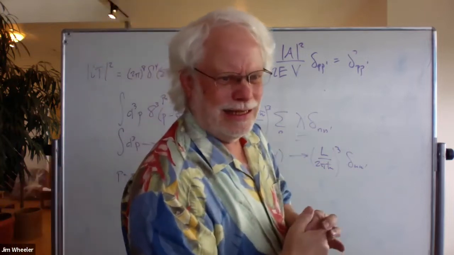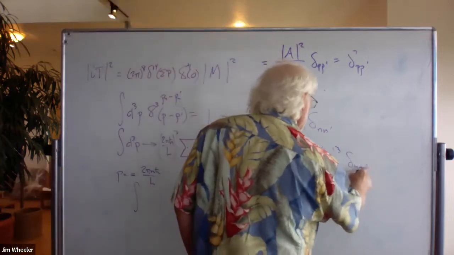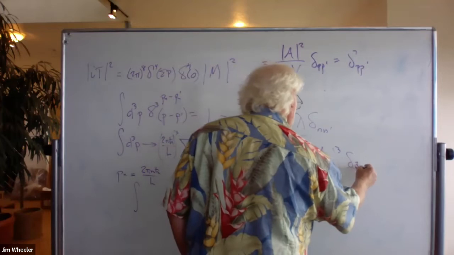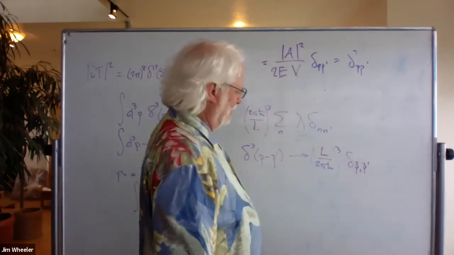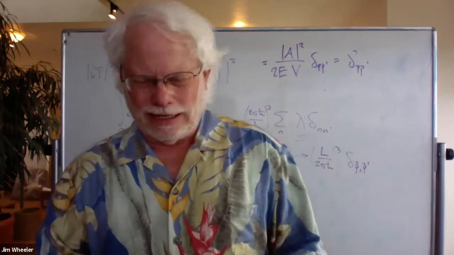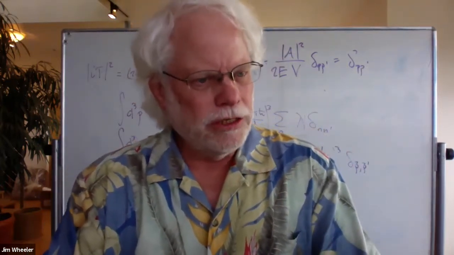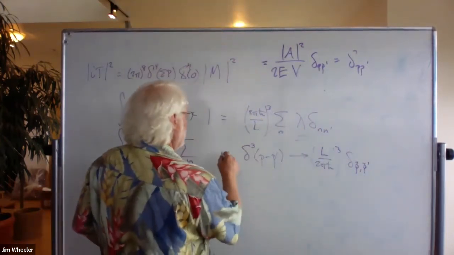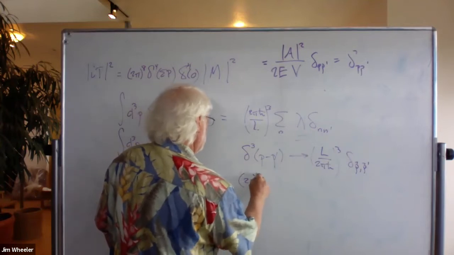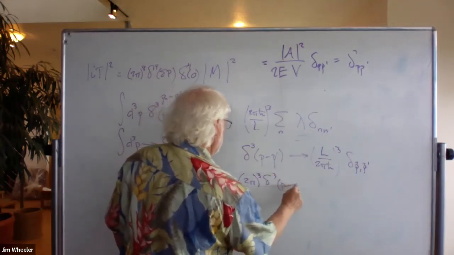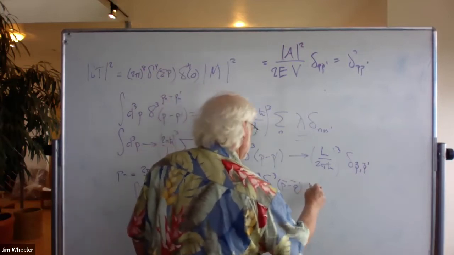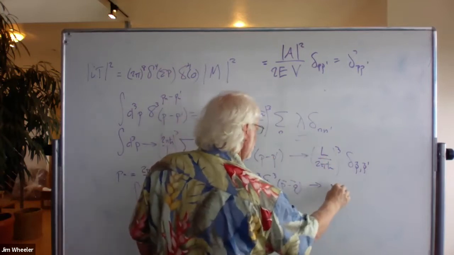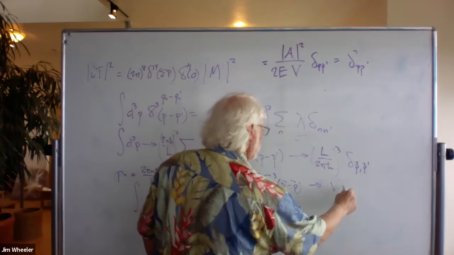Then we can actually write this as p prime, where we keep in mind that these are discrete, but we're letting the box be large. Okay, so (2π) cubed δ³ of p minus q, say, is going to be replaced by L cubed, which is just the volume, and ħ is 1.